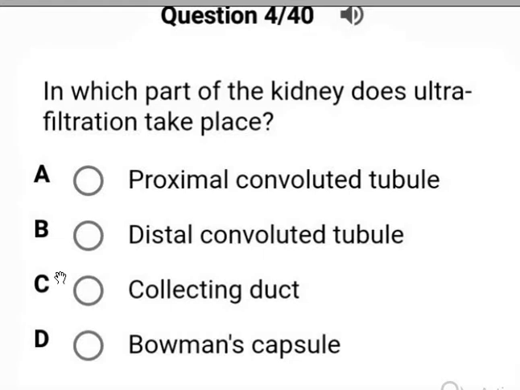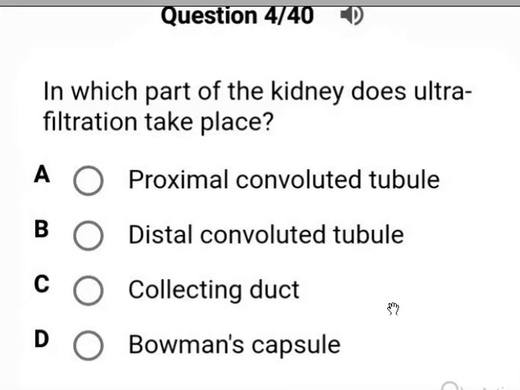So looking at the correct option, the option here is D, which is Bowman's capsule. For the reason as follows: we know that ultrafiltration takes place in the Bowman's capsule. So we are talking about ultrafiltration, which is Bowman's capsule. So the best option is option D. Moving to the next question.